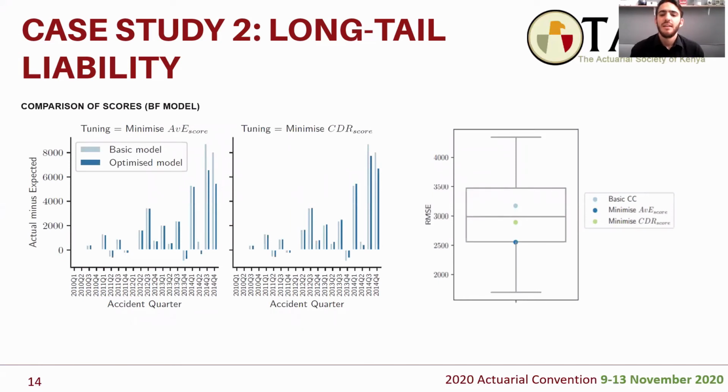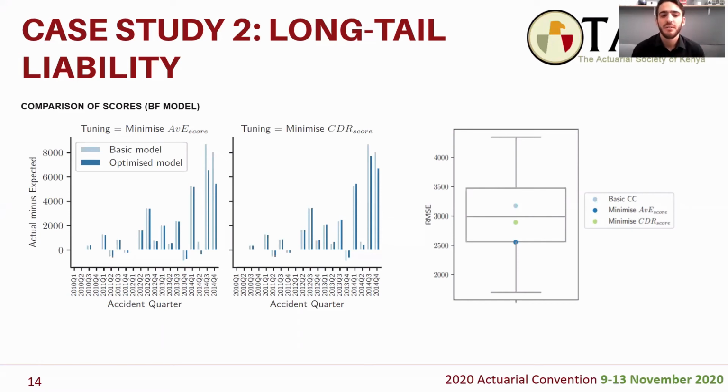So looking at the actual AVE, here we have two graphs showing the AVE over the accident quarters of the optimal models that our algorithm found against the basic Cape Cod. On the left-hand side, we see our model where we minimize the AVE score, and we see that up until the latest few accident quarters, we actually perform very similarly to the basic Cape Cod.